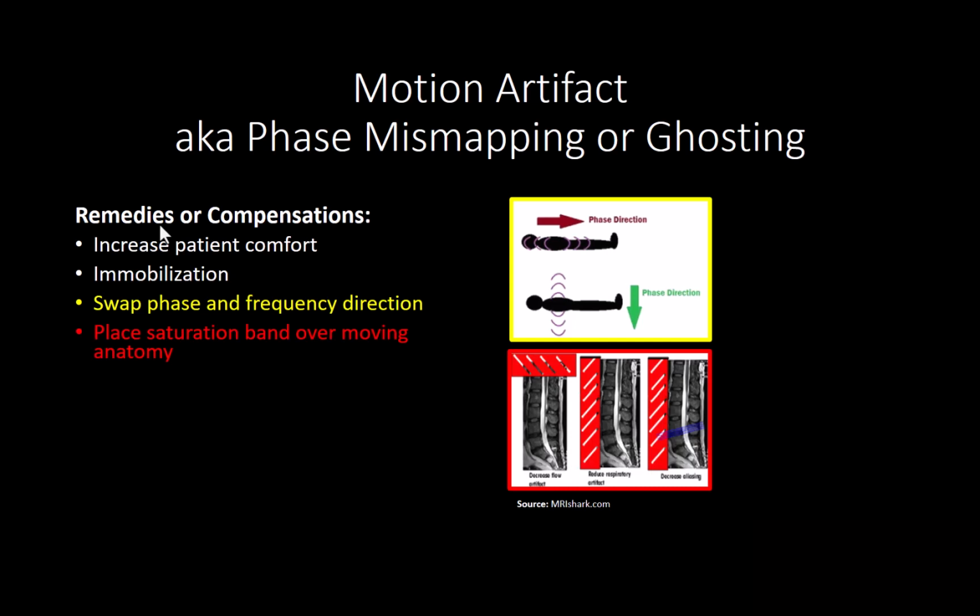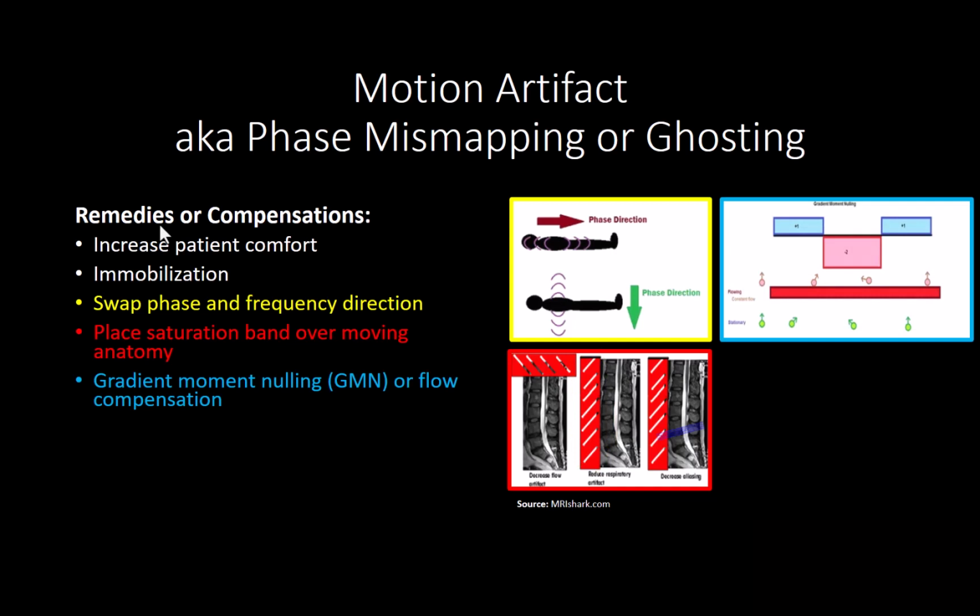The image to the right shows a saturation band above the field of view, which will help compensate for flowing blood into the field of view. You might have a saturation band within the field of view, which will help reduce motion from, say, peristalsis in the bowel. You can activate gradient moment nulling or flow compensation.